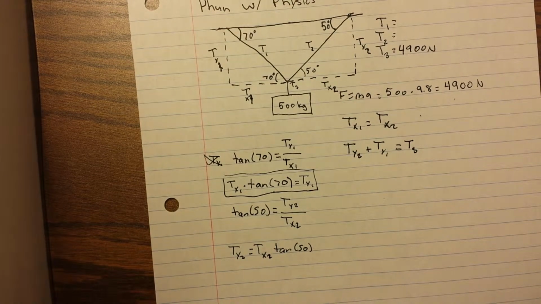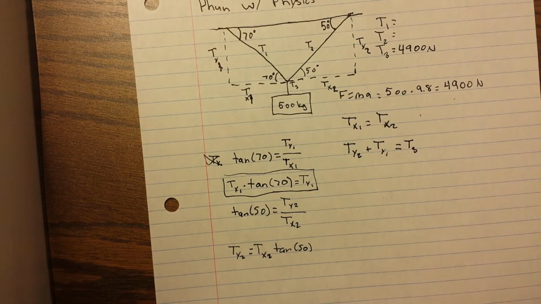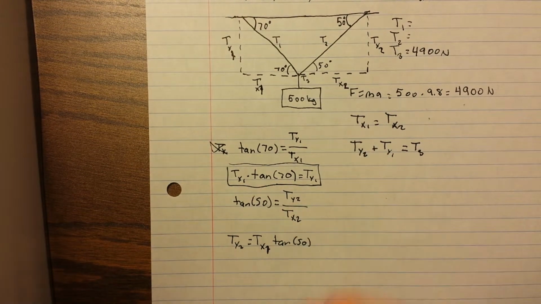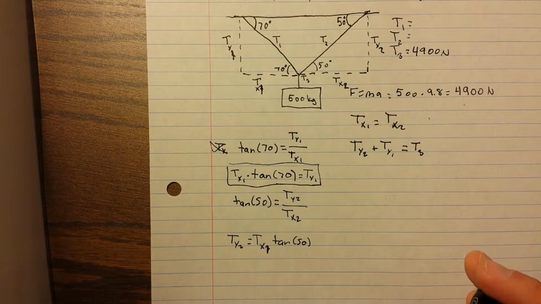Okay, now what did I say earlier about TX1 and TX2? They can be basically the same since they are the same number. So let's call this TX1, and actually that's going to be crucial to figuring out this problem. Now we know TY1 and TY2 in terms of TX1.